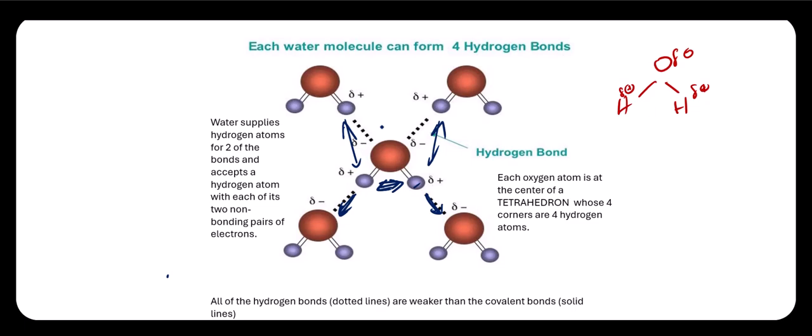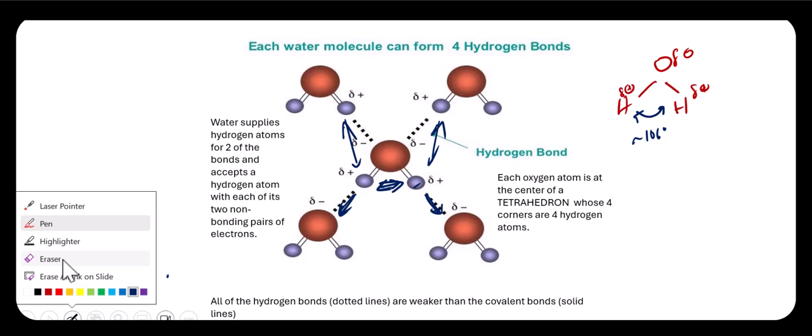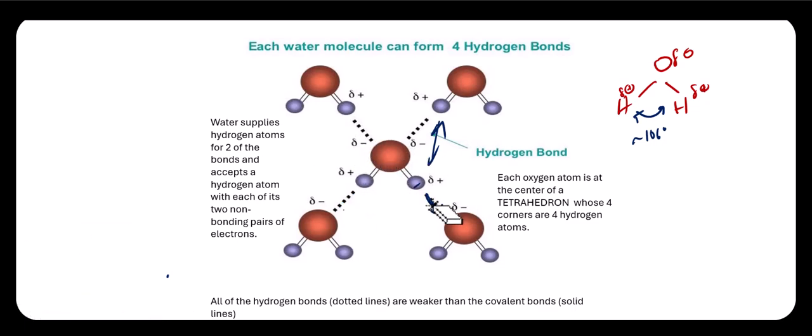The balance of the pushes and the pulls gives us a bond angle here of about 106 degrees. Not important at this point that you know that number. What is important is that you get the concept of this pushing and pulling that gives you that angle. That angle is the result of basically the pushes and the pulls.